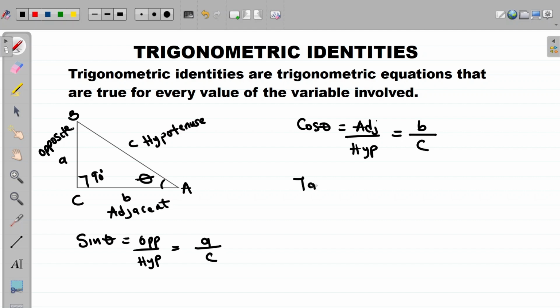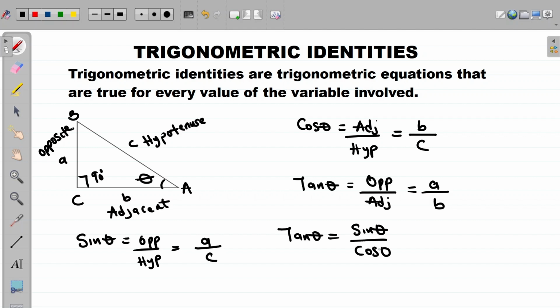Also, tan theta is given as opposite divided by adjacent. And from our figure, our opposite side is given as A and our adjacent side is given as B. Also, it can be shown that tan theta is equal to sine theta divided by cos theta.